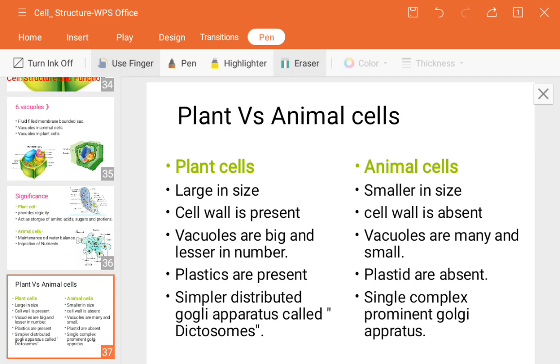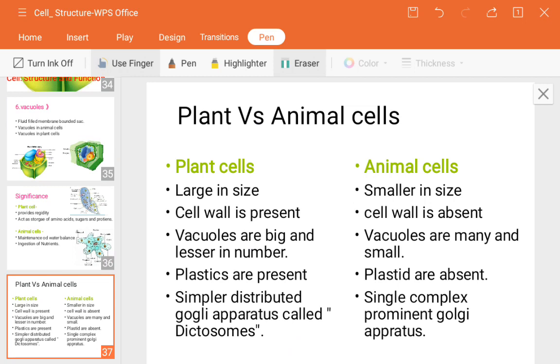But in the animal cell, as I have just said, the plastid organelle is absent because we don't have the ability to synthesize food material. But some microorganisms like some bacteria and blue green algae have plastids, because they are able to synthesize their food material in the presence of sunlight.